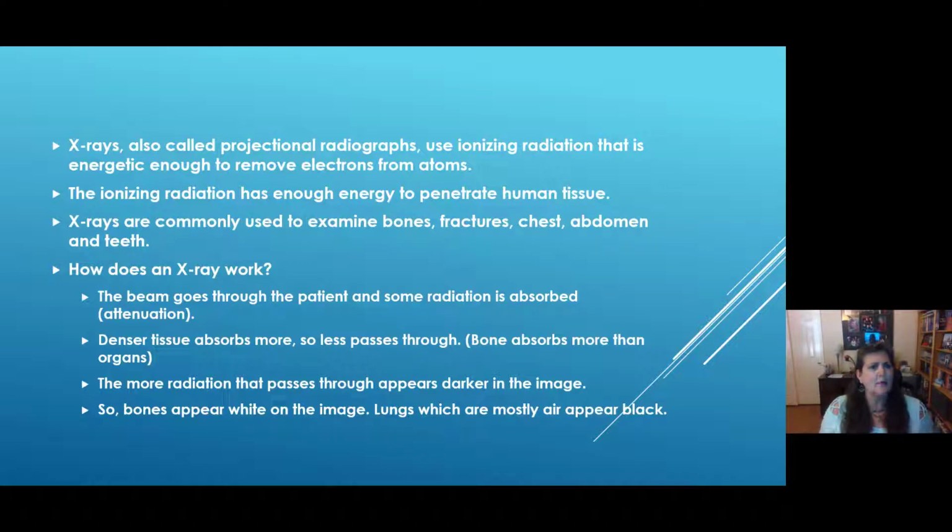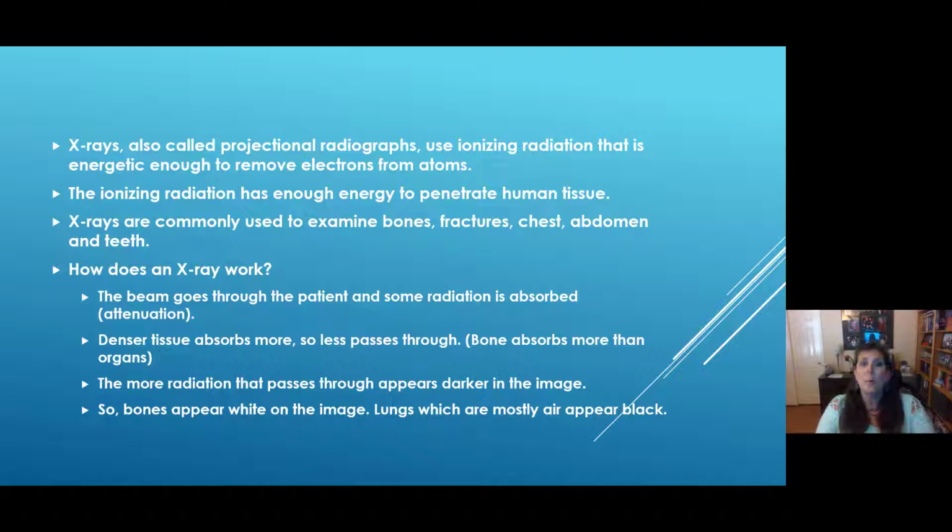How does an x-ray work? The beam goes through the patient and some radiation is absorbed. That's called attenuation. Denser tissue absorbs more radiation, so it doesn't pass through. Bone absorbs more than your organs, for example. The more radiation that passes through, the darker the image.